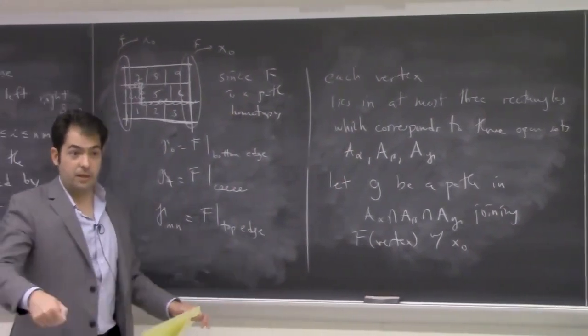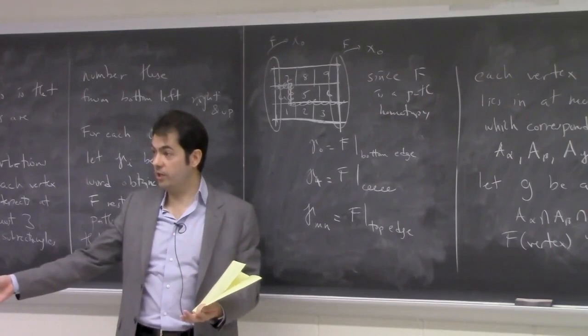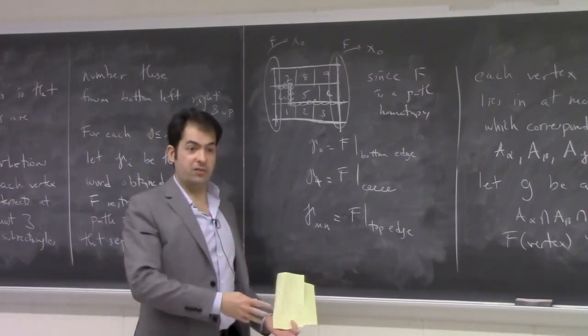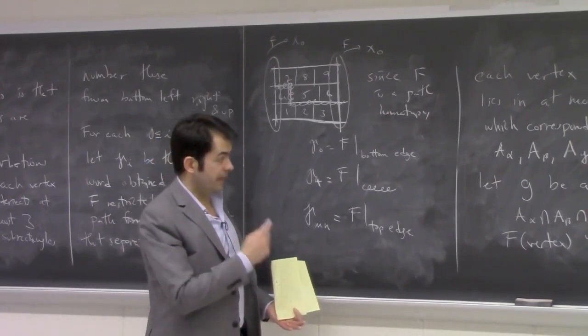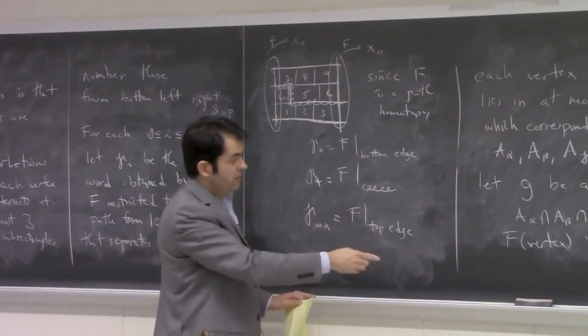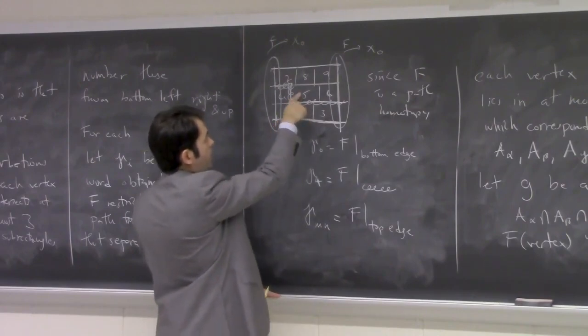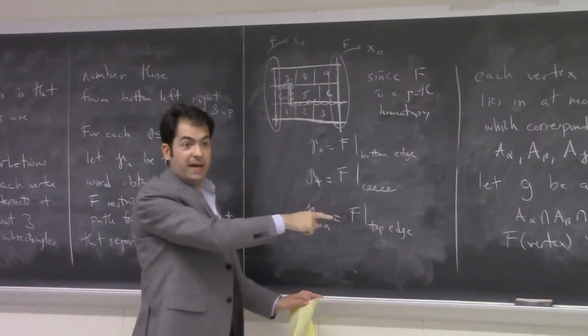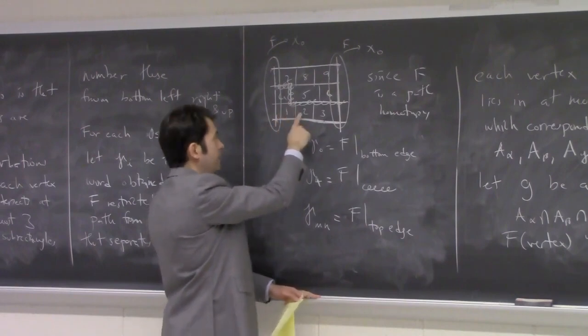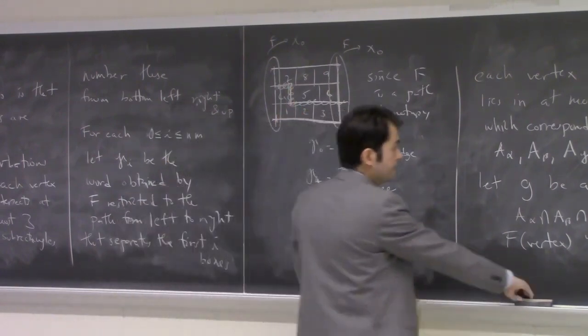So just like we did when we had a single path and we wanted to turn it into a bunch of loops based at x naught, with each loop staying inside a single A alpha intersect A beta. Now we're going to do the same thing, but we're going to make sure that each vertex, so there's an A1, an A2, and an A5, and we want this path to stay inside A1 and A2 and A5.